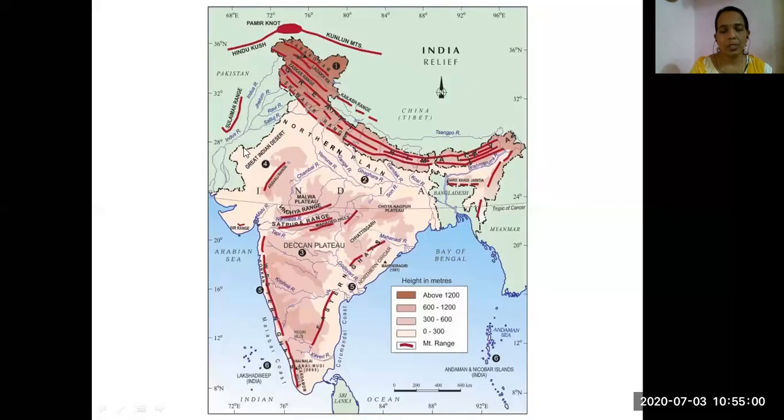That is why in this region we are getting less rainfall, and due to less rainfall, less water, and due to high temperature, high evaporation. So all these things are responsible for making this region hot and dry. I hope you people are understanding about the Indian desert. If you have any doubt, you can ask me later on.